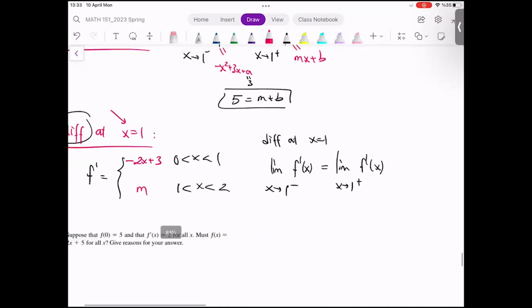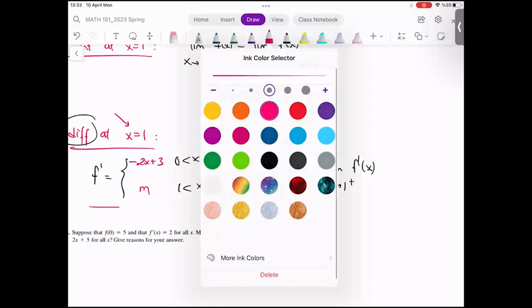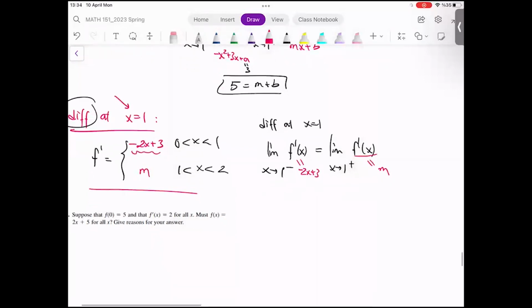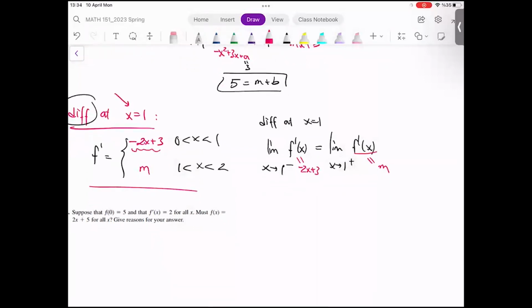Now you have your first derivative function here. From left, you will use this expression, minus 2x plus 3. From right, you will use the other expression.